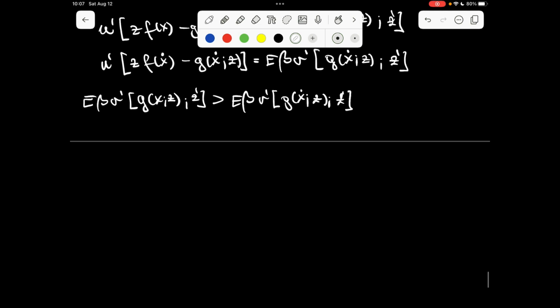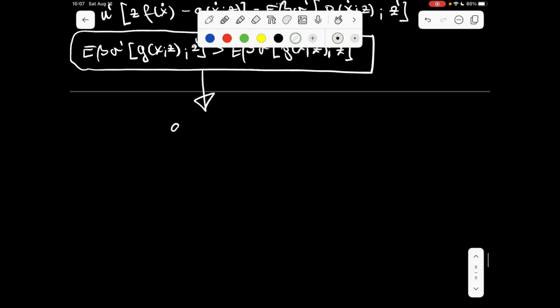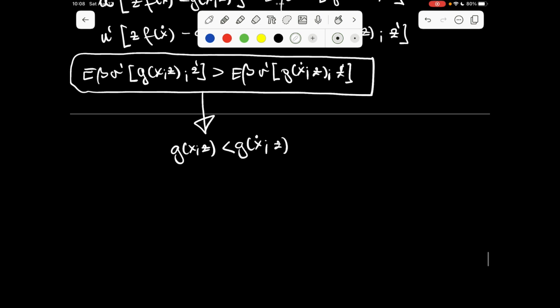Given the fact that we have already demonstrated that value function v is strictly increasing and strictly concave, from this latter relation, it follows, by using the concavity of the value function, this relation follows, which is a contradiction because we assumed that g, policy function g, is strictly decreasing in x.